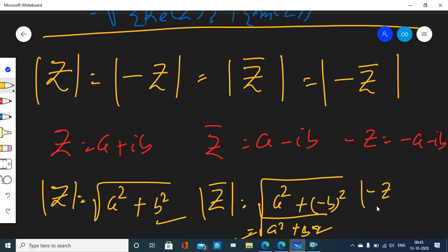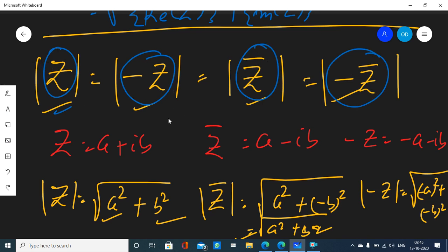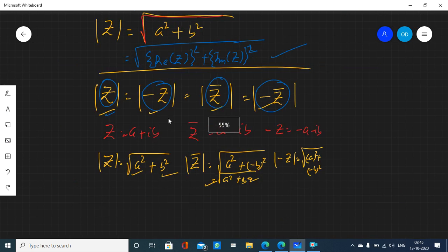For minus Z, the square root of minus a squared plus minus b squared, and minus a squared is the same as a squared, and minus b squared is the same as b squared. So the modulus of these four complex numbers will always be the same. A complex number, its additive inverse, its conjugate, and the additive inverse of its conjugate, all four have the same modulus. Get it? Okay, do not forget.